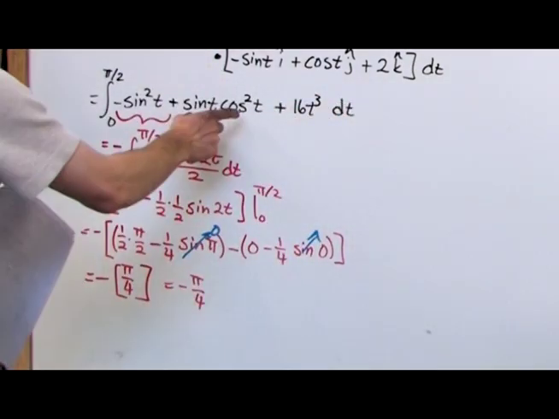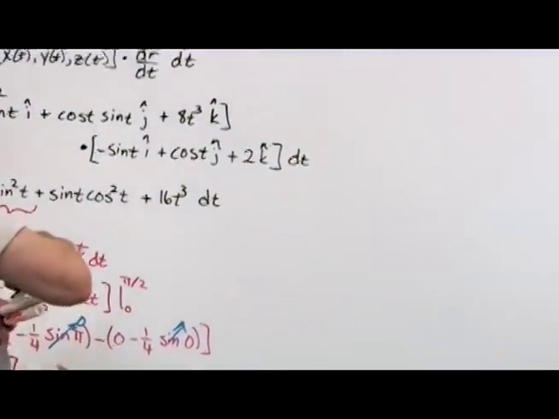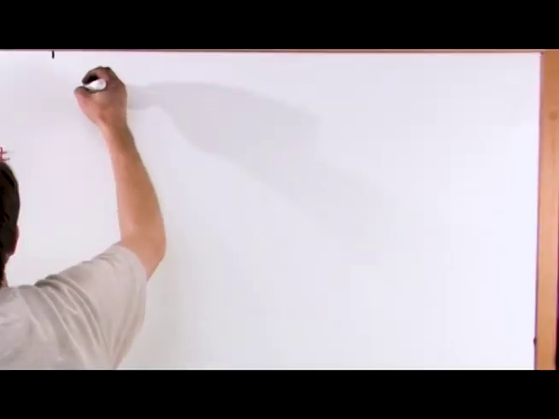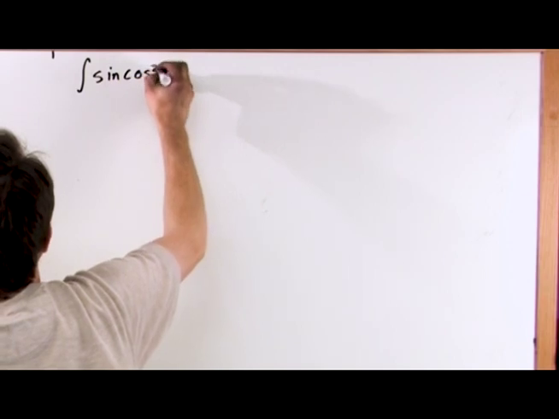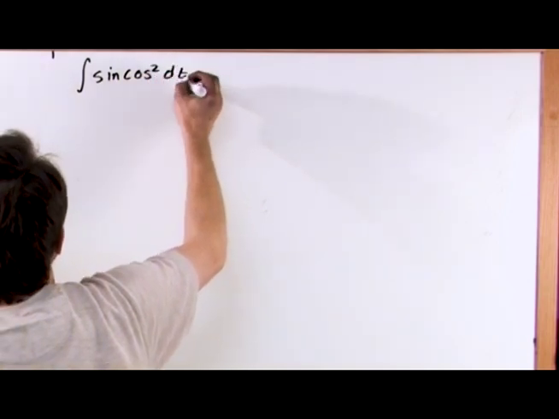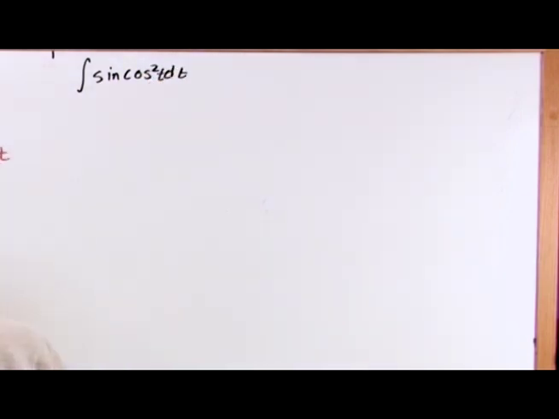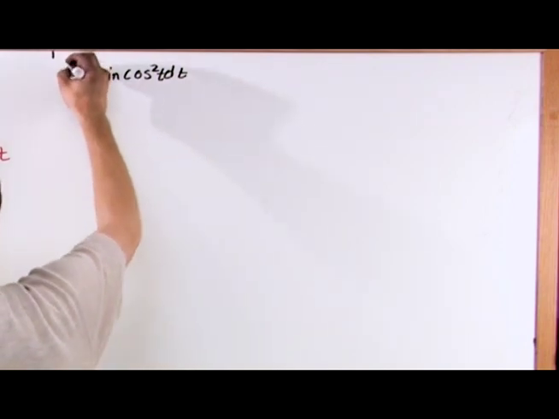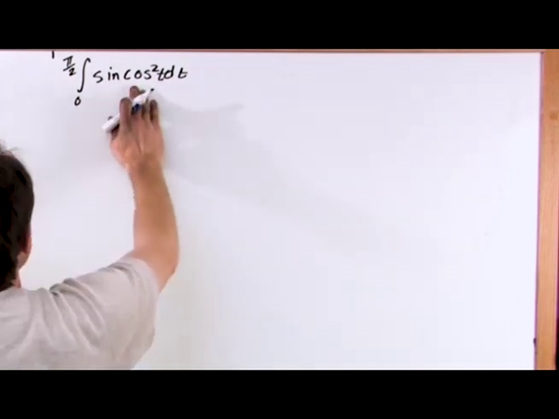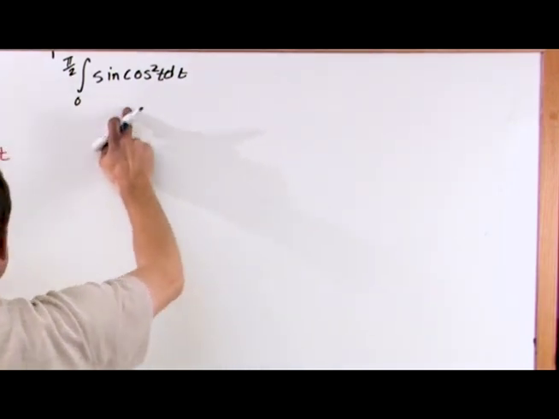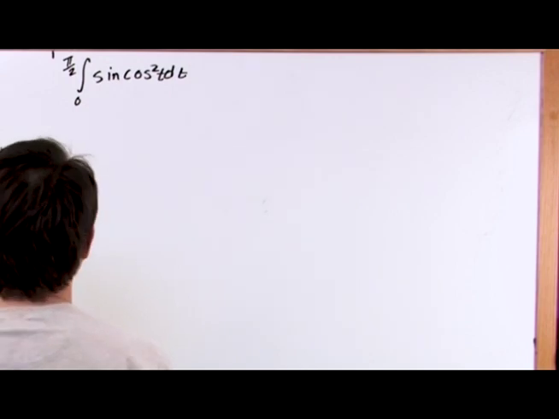So let's go ahead and tackle the integration of the sine times cosine squared over here. When you integrate sine times cosine squared dt, from 0 to pi over 2 just like everything else, you really just need to use substitution there. The reason is if you take u equal to cosine, you take the derivative, you're going to get a sine back, and it's going to cancel.